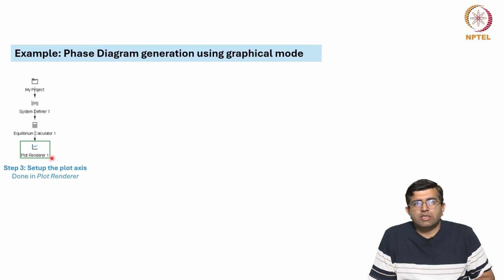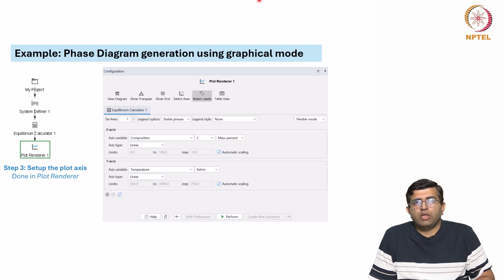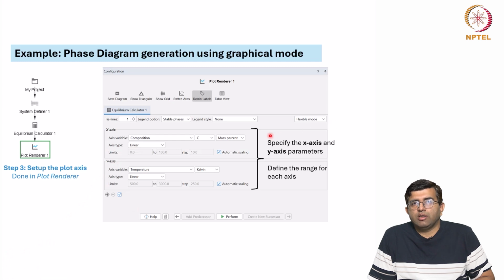Then the last one allows you to set up the plot, which is called the plot renderer. Once you click here, you will see this kind of window, where this portion allows you to specify the x-axis and y-axis parameters and define the range for each axis.